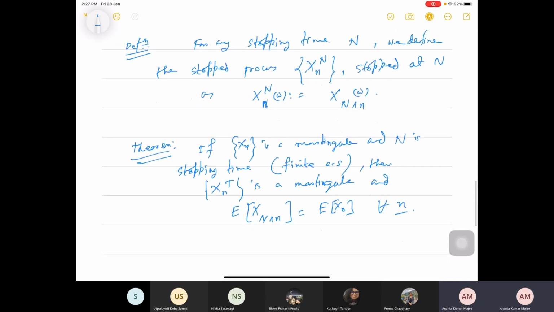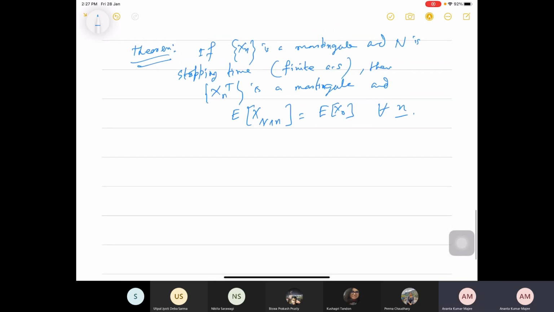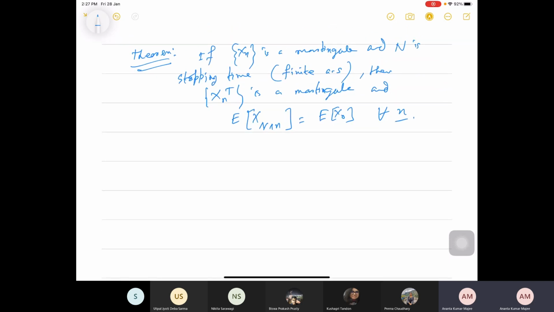Next we will talk about the following. What we have seen is that if my X_n is a martingale, then the expectation of X_n is equal to the expectation of X_0 for all n. So the question is, can we extend this result up to a stopping time?